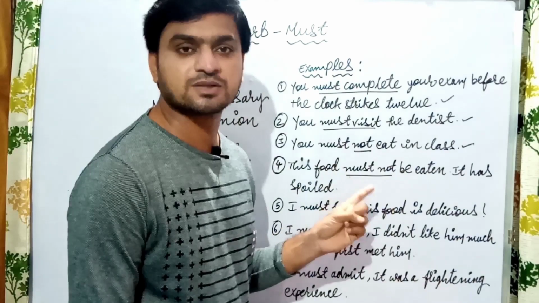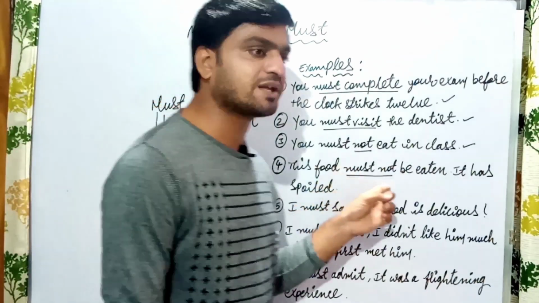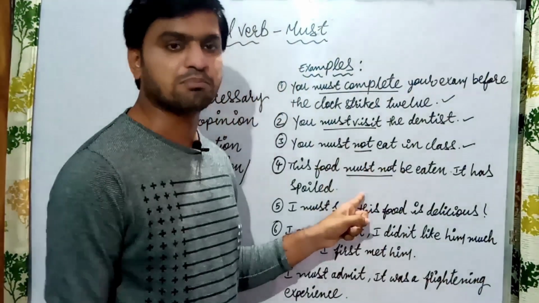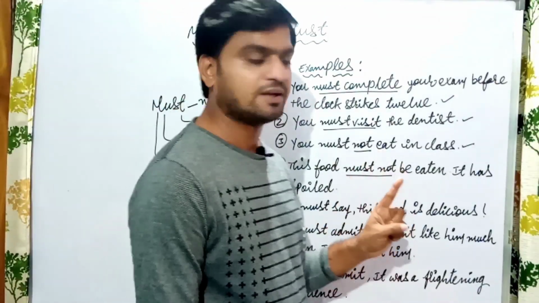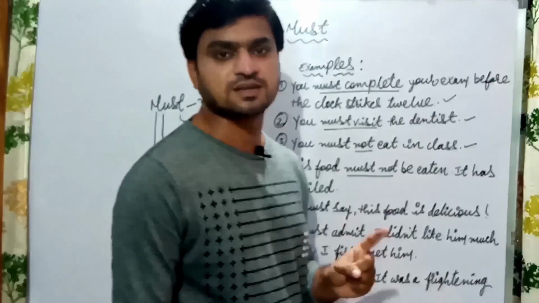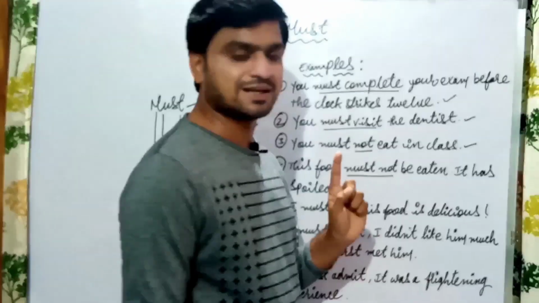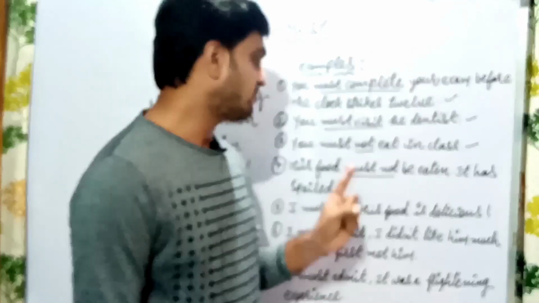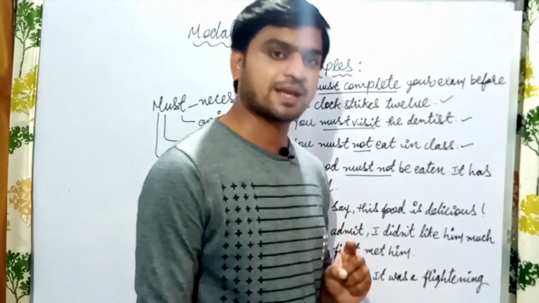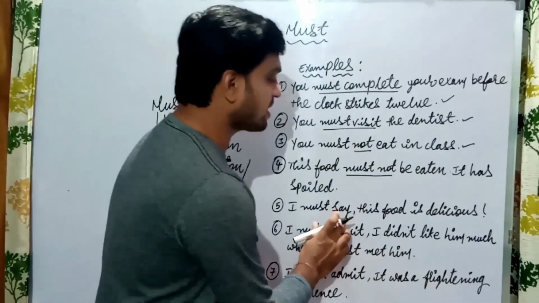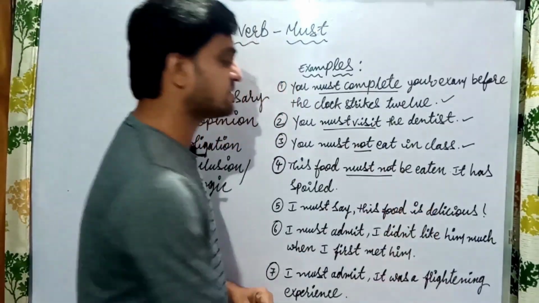It was spoiled. So that's why the negative word not is used. So must not makes the sentence negative, whereas must means necessary, very important. Next, fifth example, I must say this food is delicious.